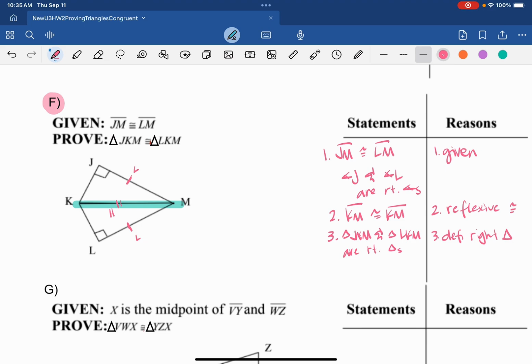And now that I have all 3 things marked, remember we always need 3 things in a proof. I need, in this case, the hypotenuses marked congruent and legs marked congruent, and that I have right triangles. Now I can use HL. Triangle JKM is congruent to triangle LKM, hypotenuse leg congruence.